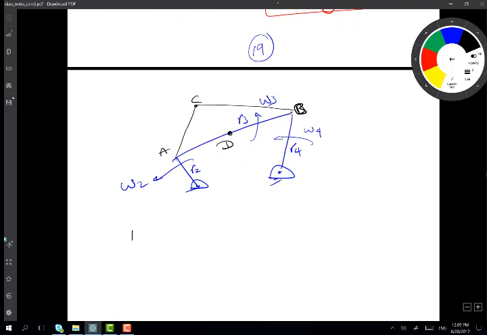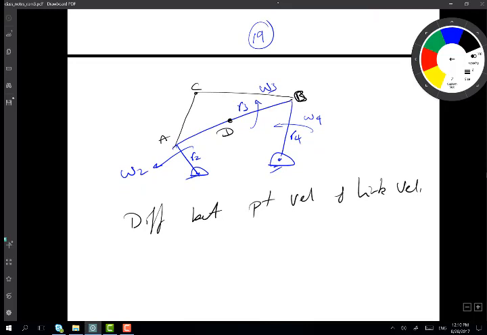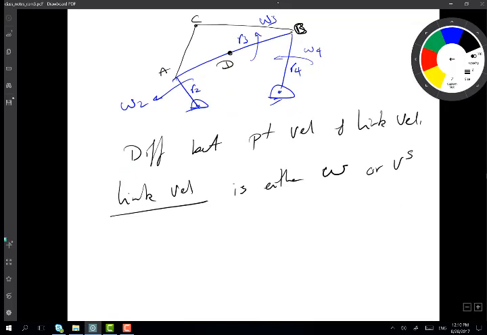So the difference between point velocity and link velocity. Link velocity is either omega or v sliding, the sliding velocity. Sometimes we don't call it v sliding, like in a case like this one, but it's still a sliding velocity.